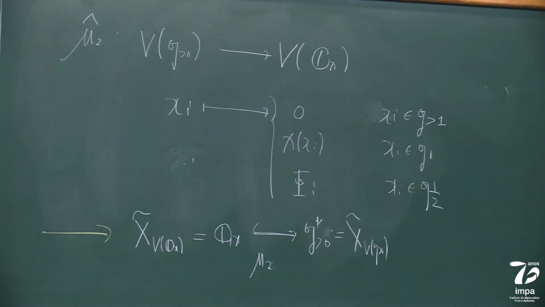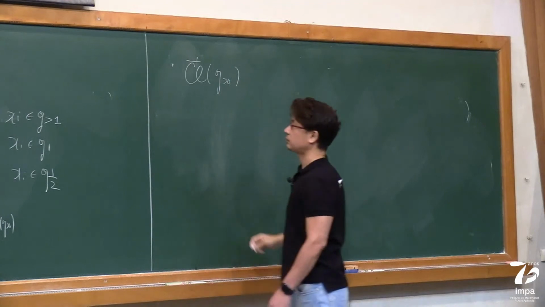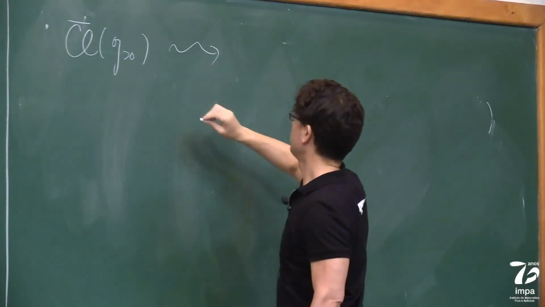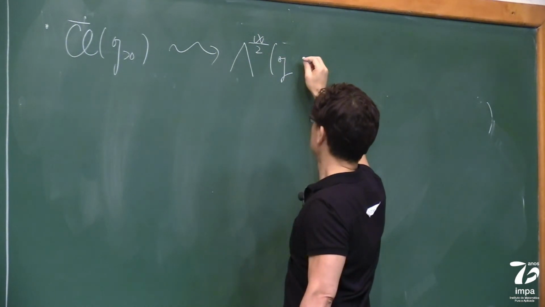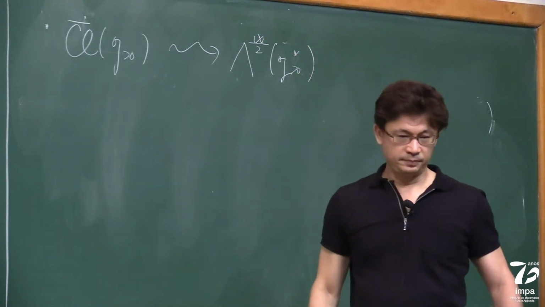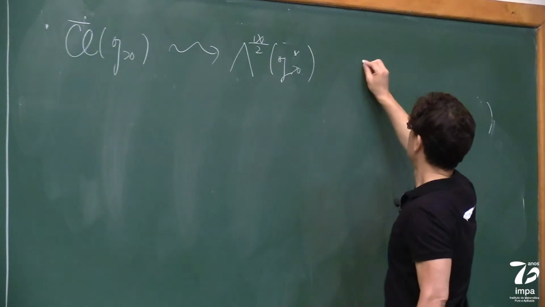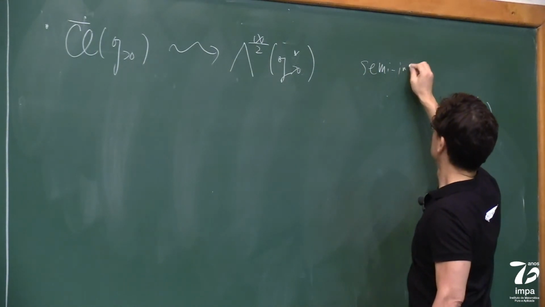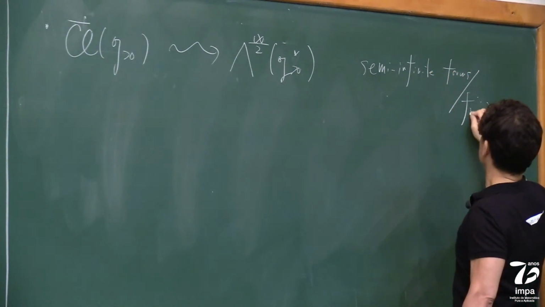Okay, so I still have to explain one more thing. I also had this classical Clifford algebra. So I just replace it by what is called the space of semi-infinite forms, or free fermions.